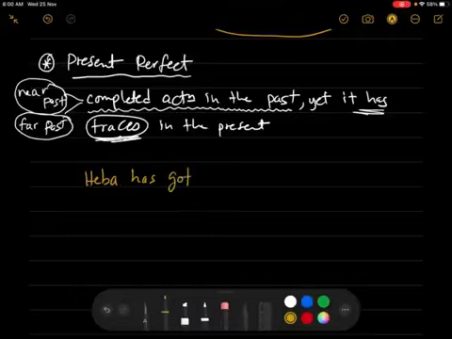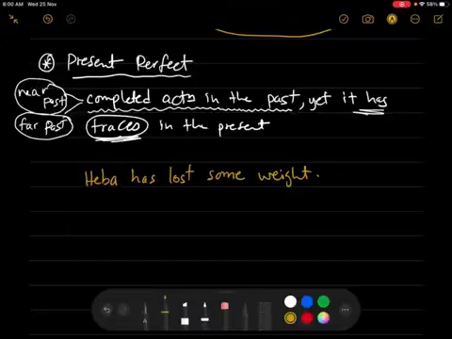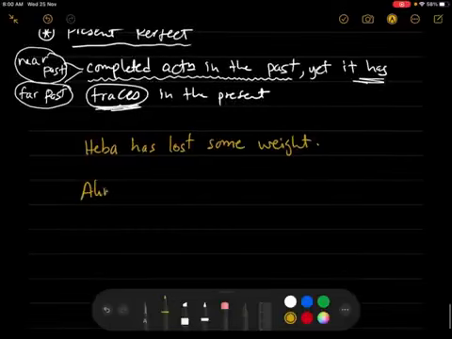That's why when I say Hiba has lost some weight, it means the action of losing weight by Hiba was completed in the past, but there are traces of this action in the present, maybe in the form of her becoming thin.